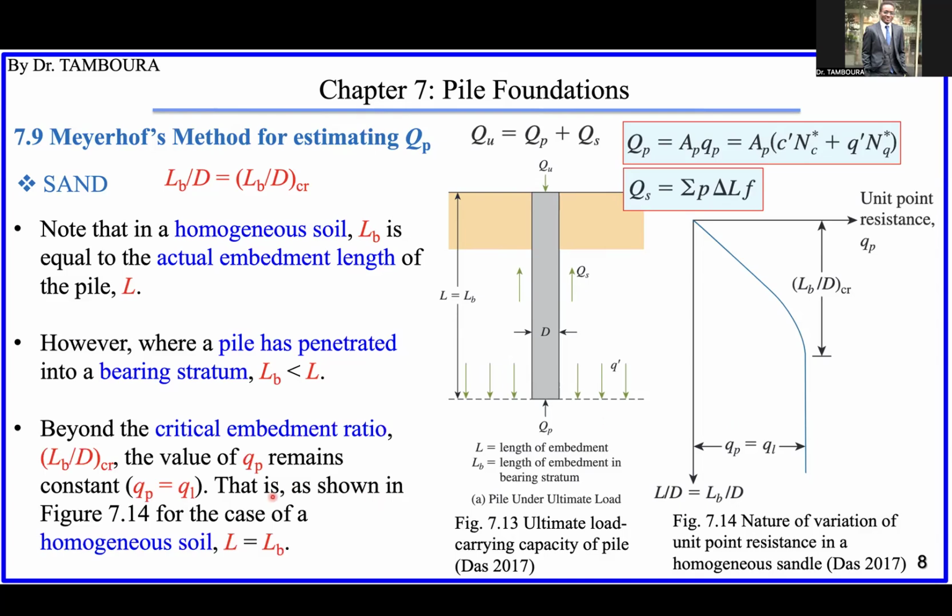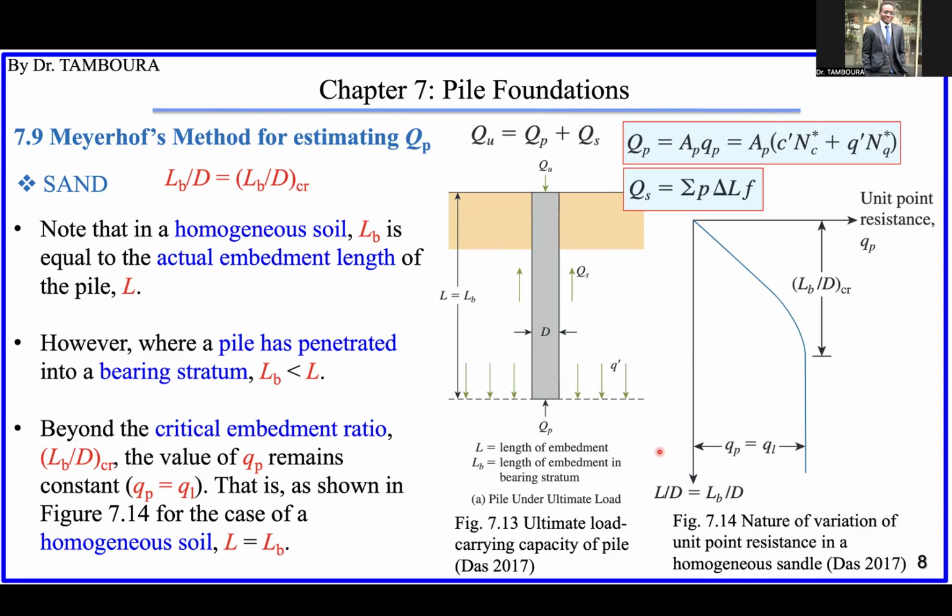Beyond the critical embedment ratio, as I just explained, the end bearing capacity remains constant. So we have QP equal to QL. This is what is written here, in this figure.